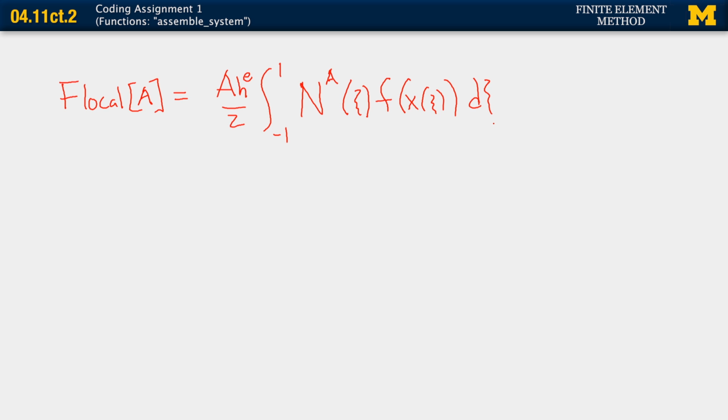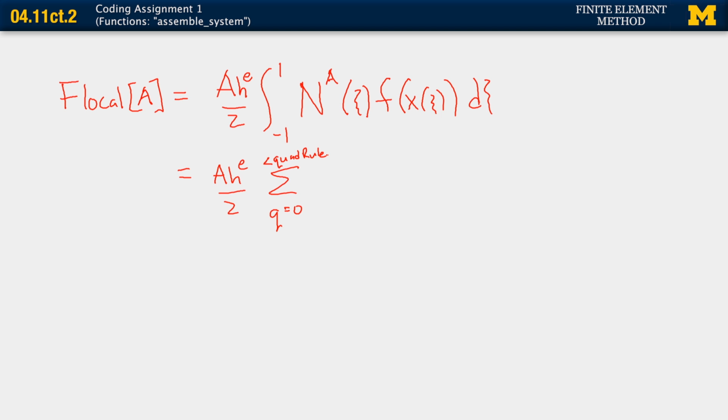Now, since we're using quadrature, let me write this out using quadrature points. A HE over 2 is still on the outside. However, now we're going to loop over our quadrature points. And so I'll just do q equals 0 as long as we're less than quad rule.